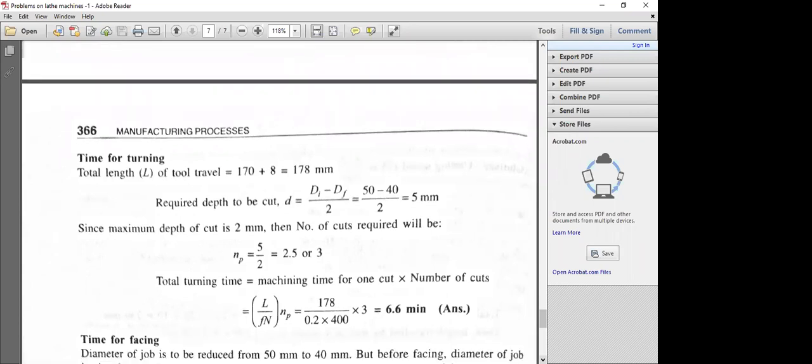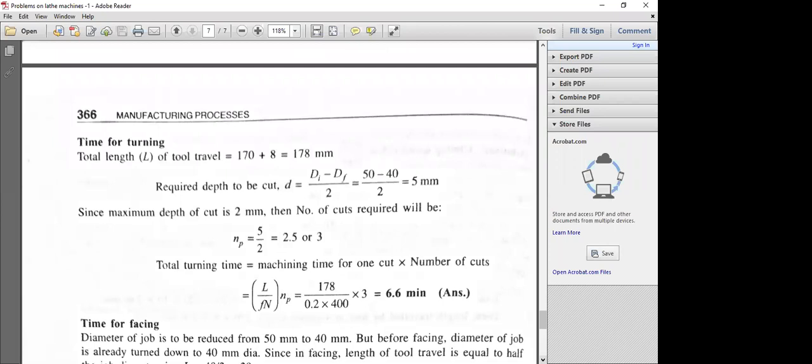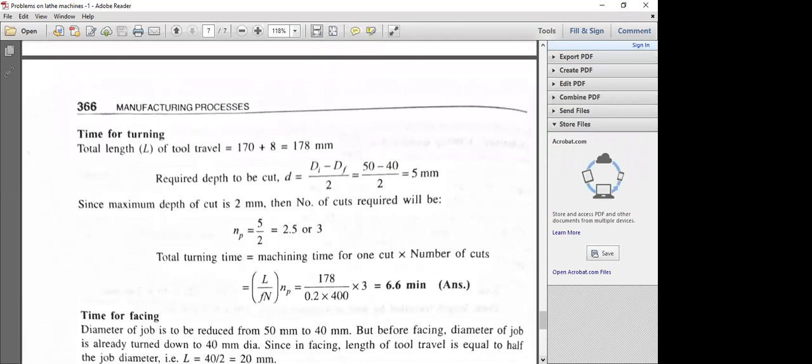While turning, you have to consider the particular diameter of the job for facing. The initial diameter of the job is Di 50 mm and the final diameter of the job is Df 40 mm.